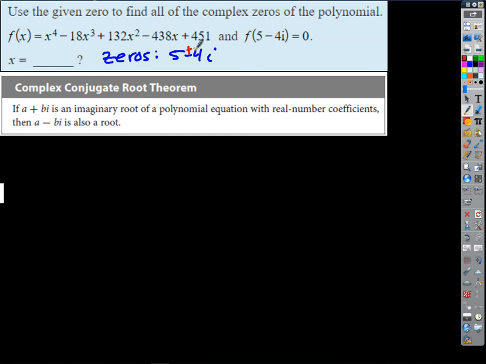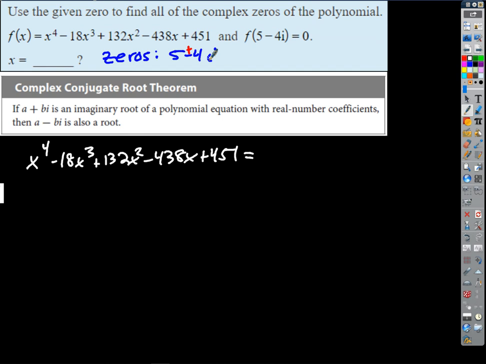So if we want to factor this thing so we can find the zeros, we need to build a quadratic factor from those two complex zeros, right?